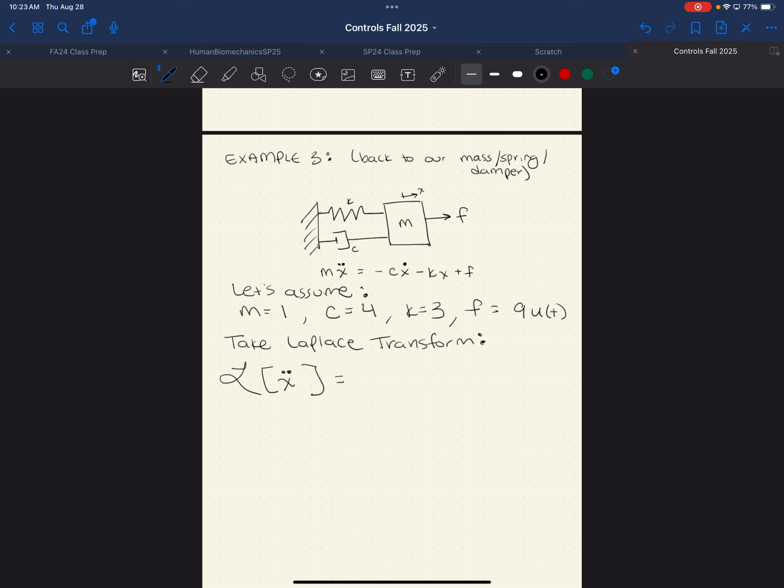Laplace transform of the left equals Laplace transform of the right.